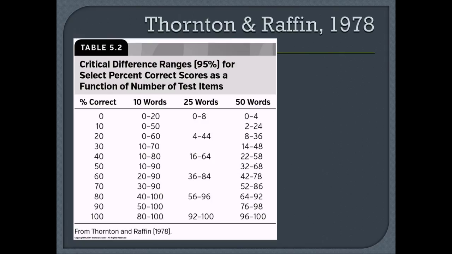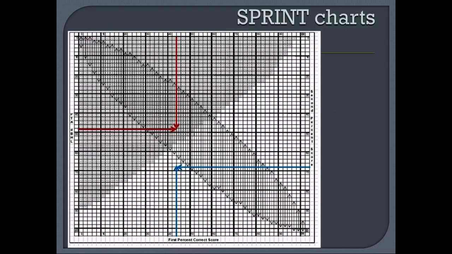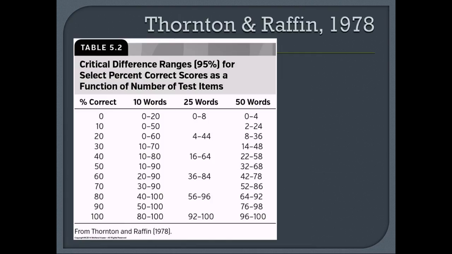Yeah. This should be based on a 50-word list, I believe. And you can see the intersection of these two arrows here is outside of this oval, which means that there is a significant difference. Inside the oval made by the arrows means there's no real difference.